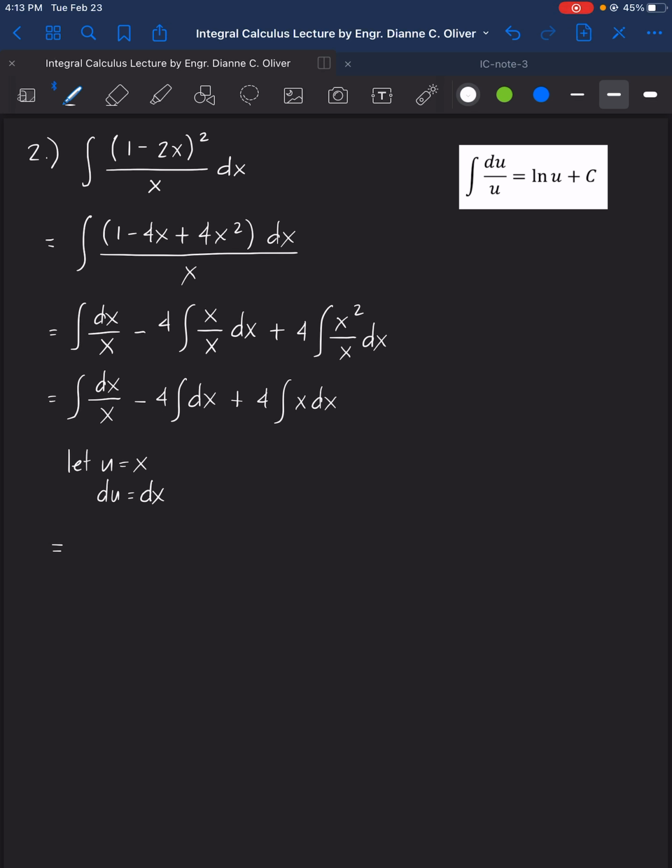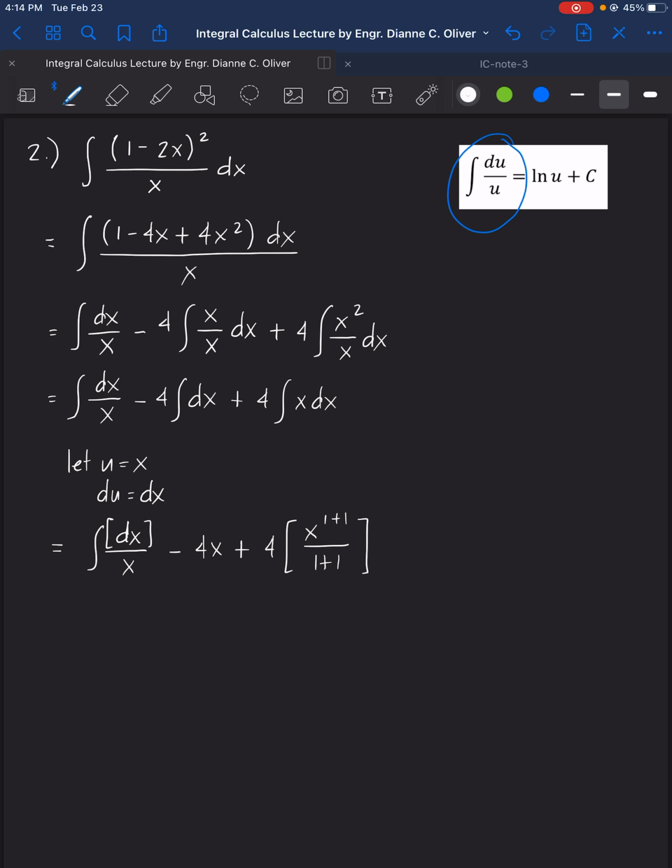So let's have the pattern here first. Integral of the du, which is the dx, and the u, which is the x. So similar. Then for this part here, that's already 4x. 4 integral of dx is 4x plus this one here is 4x raised to 1 plus 1 over 1 plus 1.